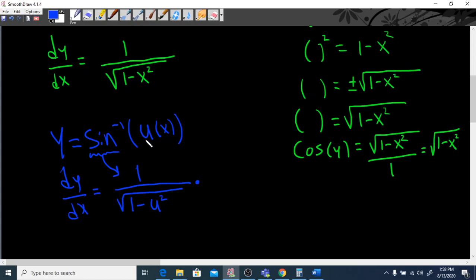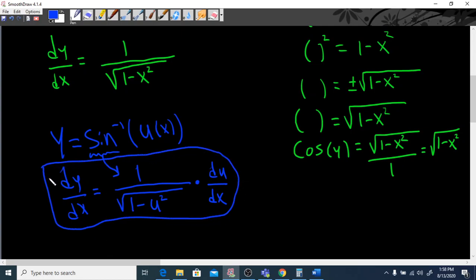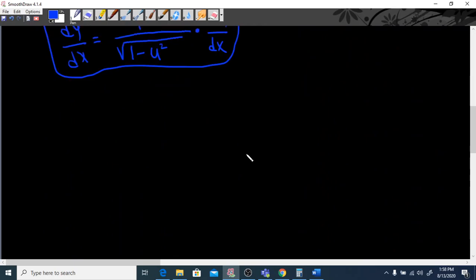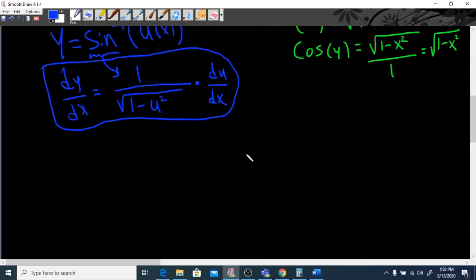Then chain rule, don't forget the chain rule: go inside, u, times du dx. So this is the full derivative of the inverse sine of anything. And good, so there's that.